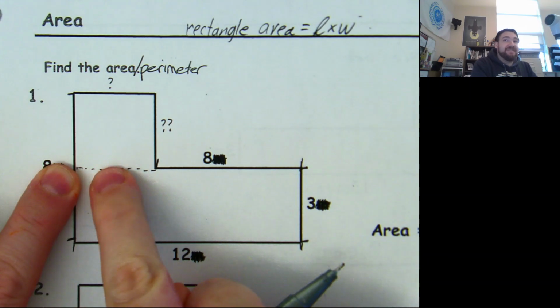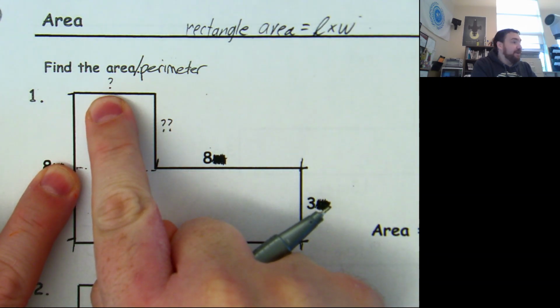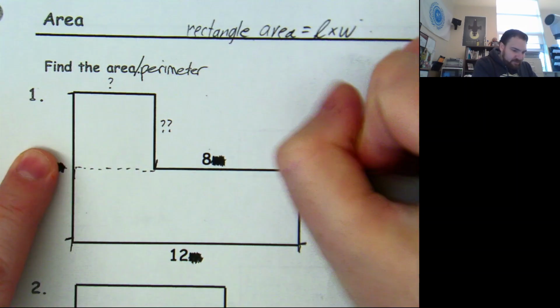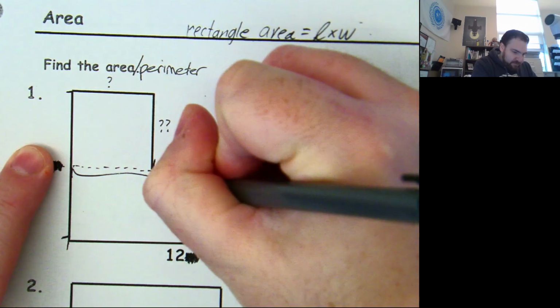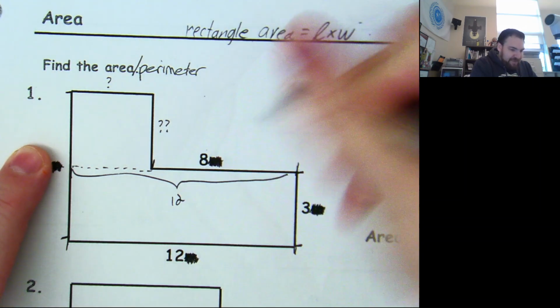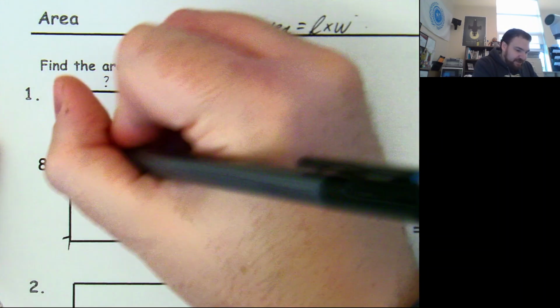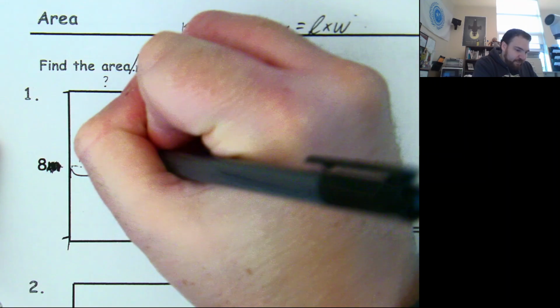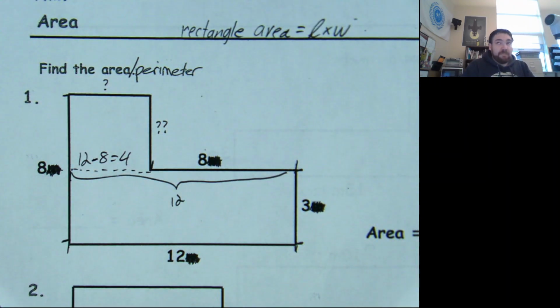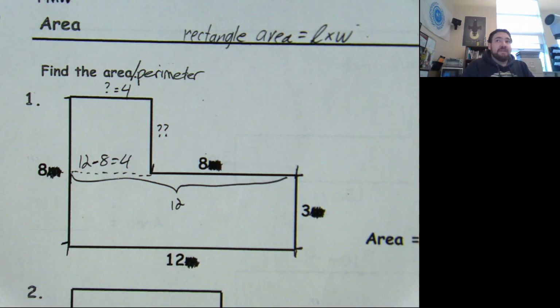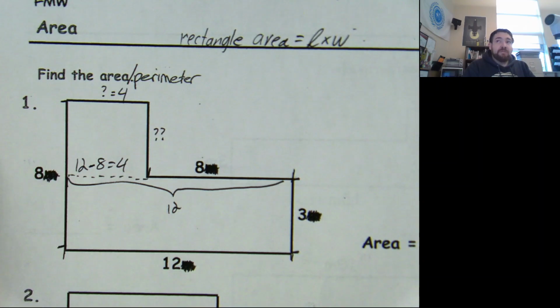And that this is the same as that? Yeah, you bet. So if this has to be 12 as well, that means if this is 12 and this is 8, this is going to be 12 minus 8, which is 4. That's cool. Which means this side here also has to be 4, because there's nothing slanted or weird here.